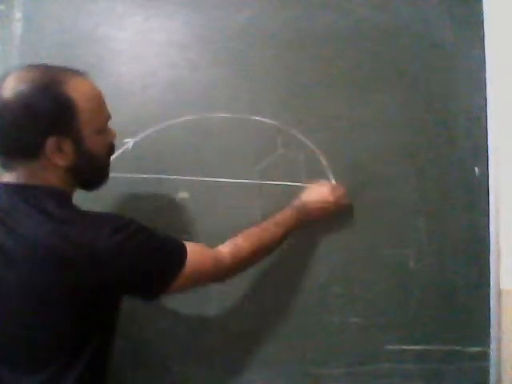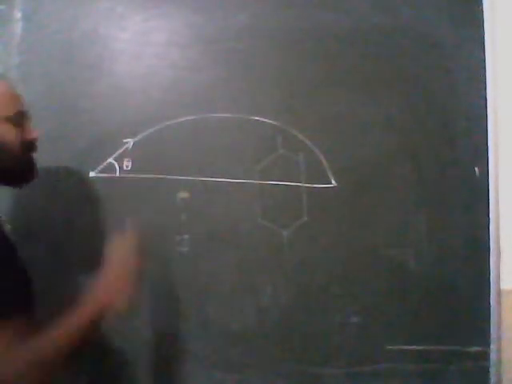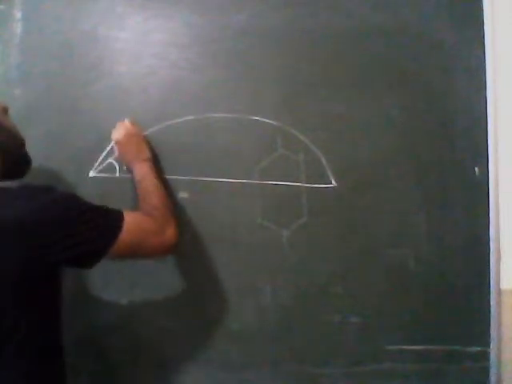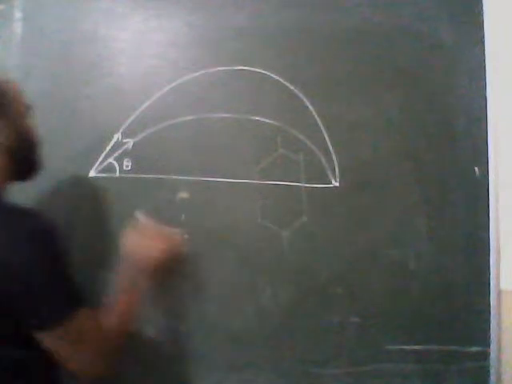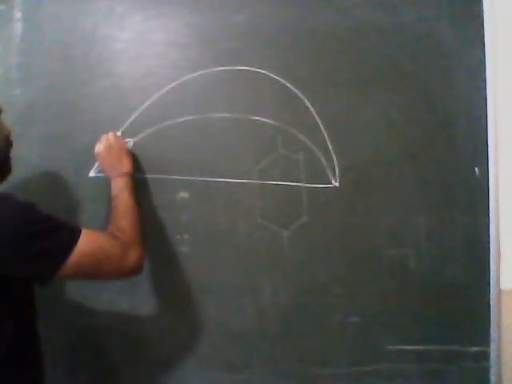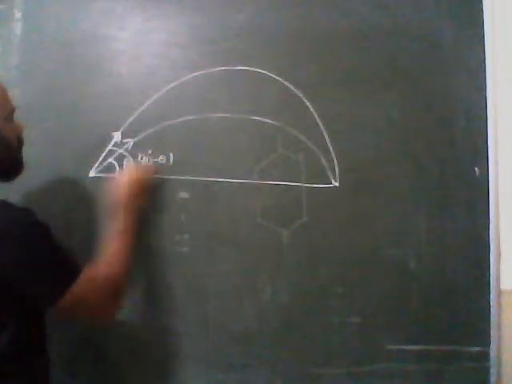See, I'm telling you, this is one body I have. From here I'm projecting, so it may go and hit here. This is the first body, let us take this as theta degrees. The second body I'm projecting from here like this. This is the second body, at 90 degrees minus theta.